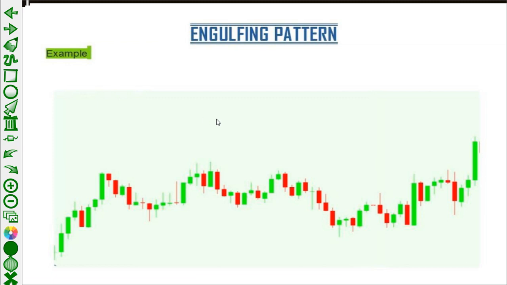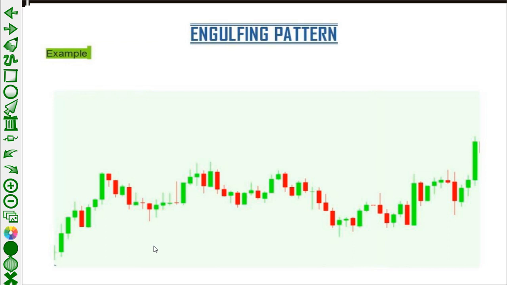Now let's take an example of how to draw resistance and support areas. Guys, for me, I think of the resistance area and support area as the seller's area and buyer's area.